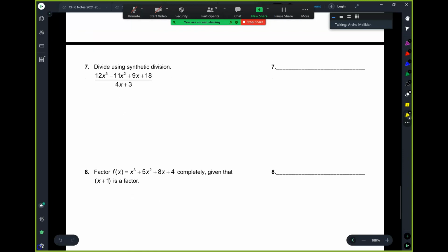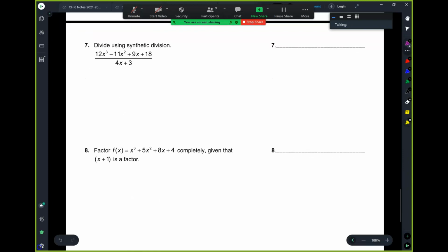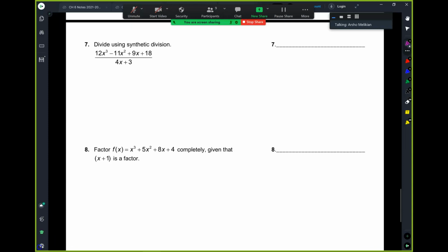Okay. Here we go. Synthetic division. So what are we going to do first here? Because there is a coefficient in front of the x there. Andrew or Ben, who's going to be faster here? Divide by 4. So here we're going to get negative 3 over 4, but we also have to divide the top by 4. So 12 by 4 is 3, negative 11 over 4, 9 over 4, 18 over 4 is 9 over 2.